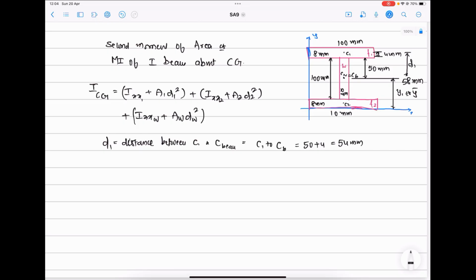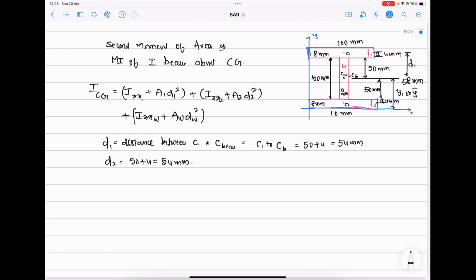Similarly here it is 4 mm plus this distance is 50 mm. Therefore D2 is equal to 50 plus 4, 54 mm. For the meaning of D1 and D2 and for better understanding, please refer to my previous lectures.